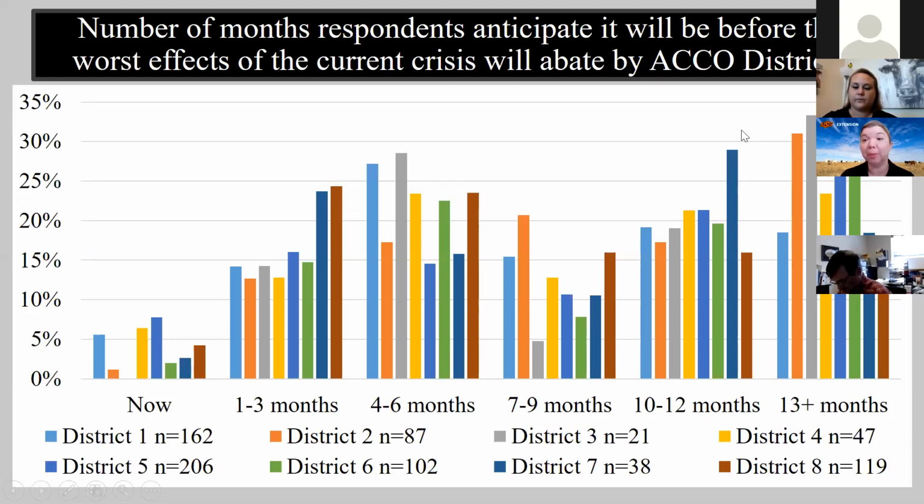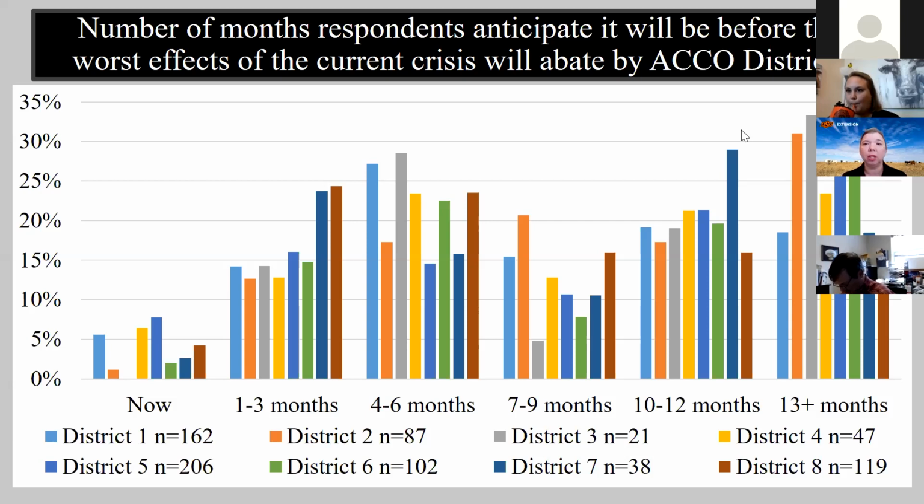So this one gets really busy because you've got each of these different options and all the different districts in each one of them. Just looking at some of the general patterns, it reflects a lot of what Courtney just said, that you have these two bumps. There are the people who are a little more optimistic, who felt, and remember, we finished this as of early June, so we hadn't seen the big secondary spike at the time, who really felt like the worst was over, we were reopening, things were going to get back to normal.